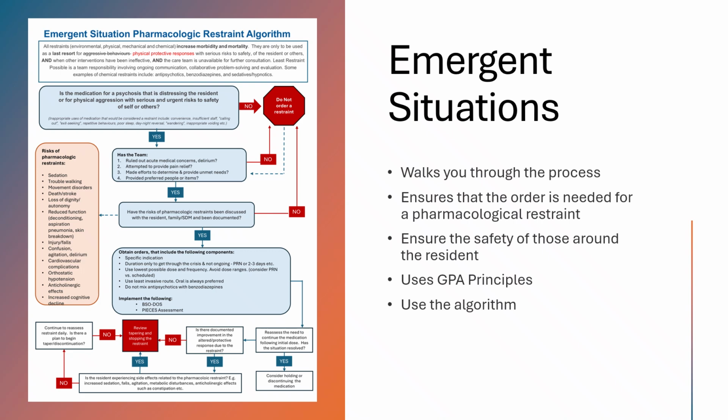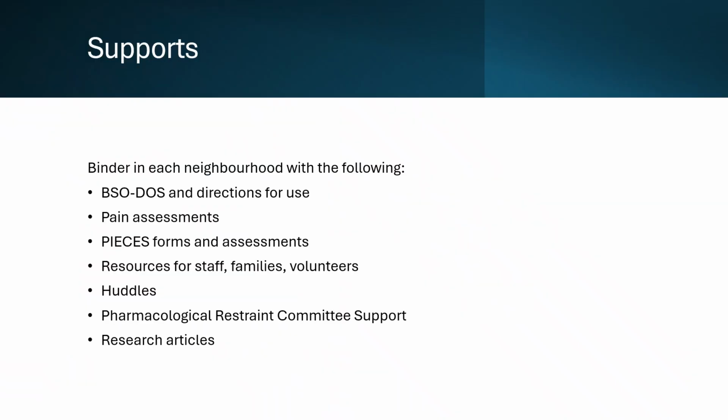Online in your communication folder, we will also have resources in there as well. So if you're more inclined to read something online, that's fine. We can put it there and have it in paper form for you. But having a couple of options, I think, is also really important. So I already talked about this, but each binder will have the BSO DOS and directions for use. The pain assessments will be there.